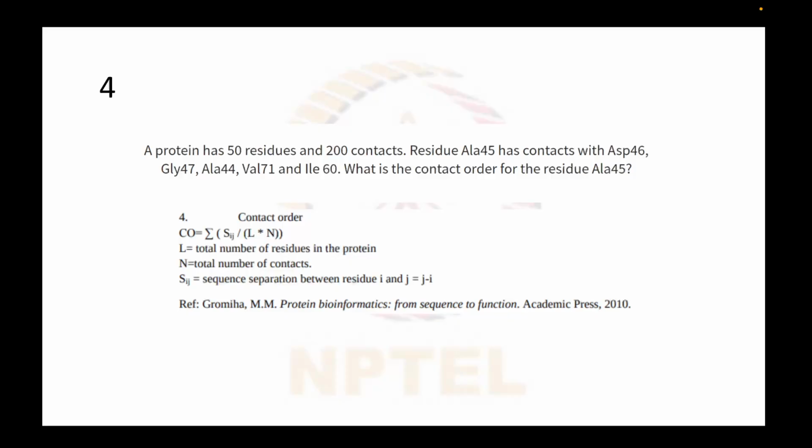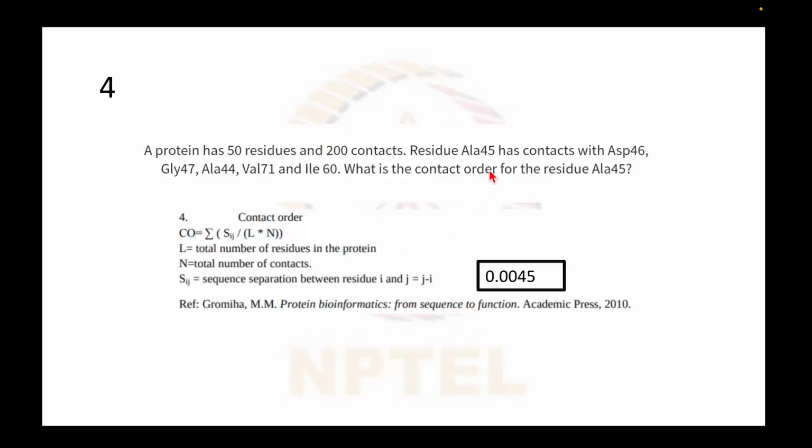Okay, so let's start calculating it. We have denominator L, that is the total number of residues in the protein. We have 50 residues. These 50 residues are forming n contacts, that is 200 contacts. So the denominator is 50 into n.